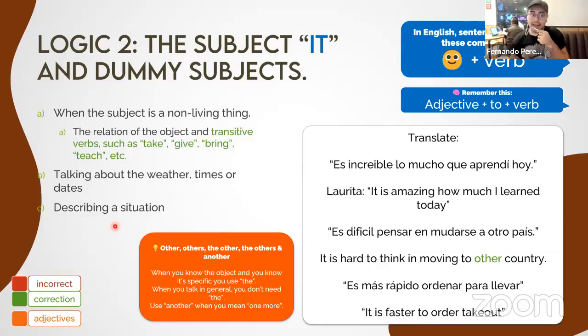But if you talk about a situation, the subject is implicit.